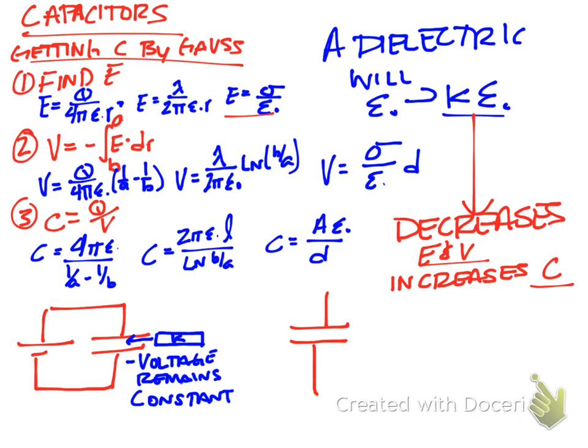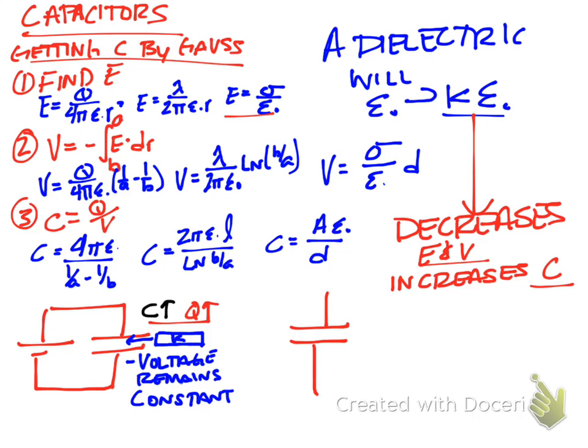The capacitance is going to go up, and because of that, the total charge that object can hold is going to increase as well. That's what inserting a dielectric into an attached capacitor does.